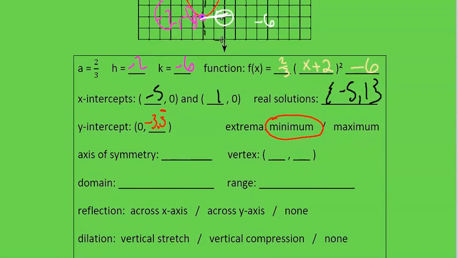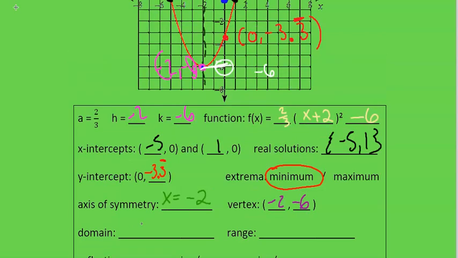Axis of symmetry, we have x equals -2, and then the vertex h comma k would just be -2, -6. The domain is all real numbers from negative infinity to positive infinity, and then the range was from -6 to infinity.